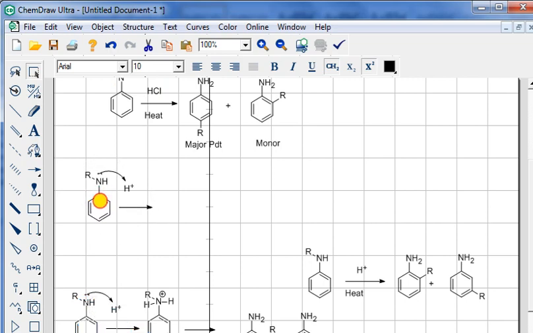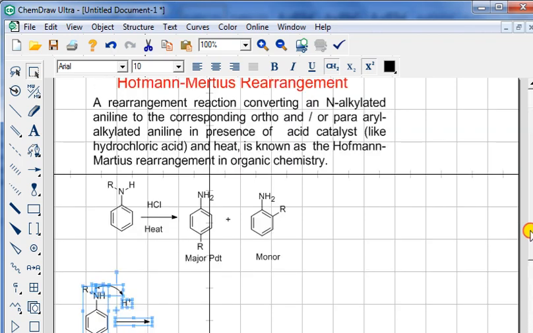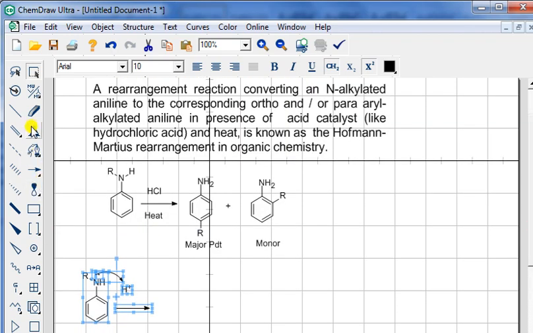This is the mechanism. We will write mechanism over here. In Word also we can write mechanism. Whatever we want here, we can change the format also.